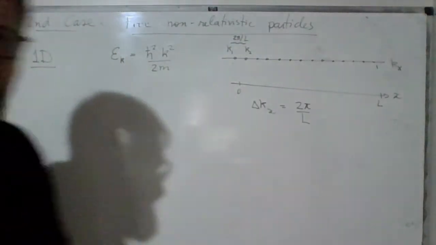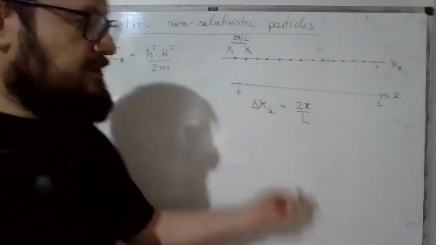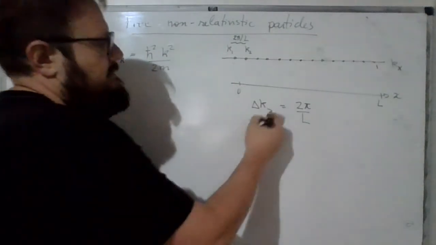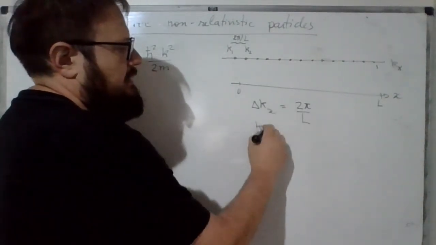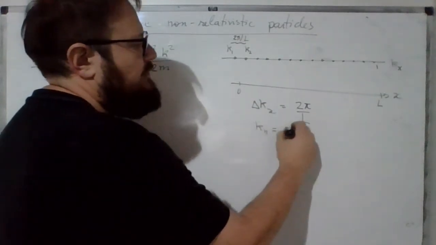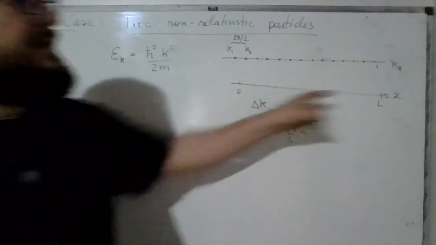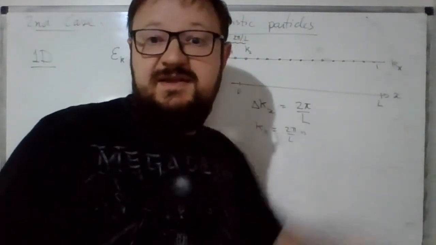This is the delta k which we are just considering here. Just remember that a given k of an integer number will be 2 pi over L times n, and in this case we are allowing in the end this L going to infinity.